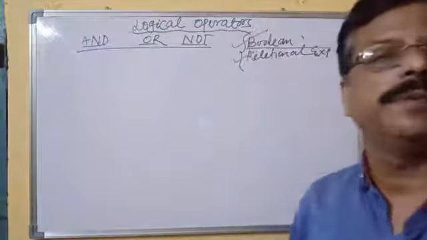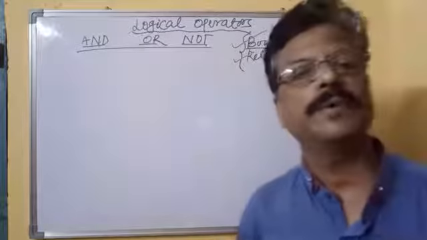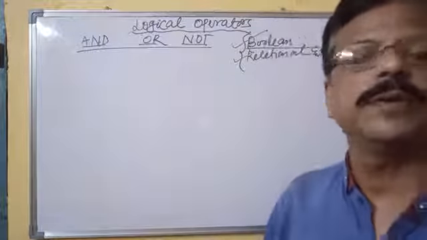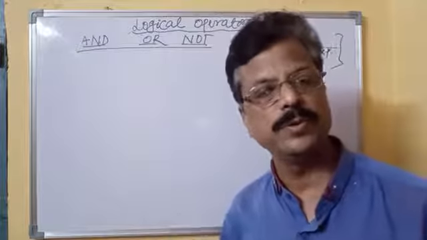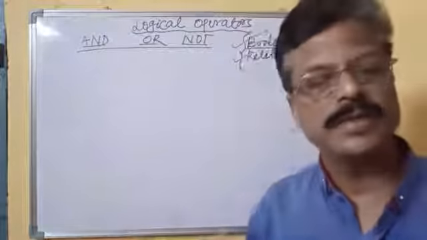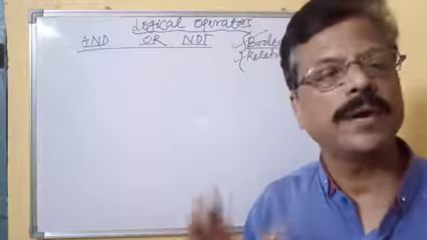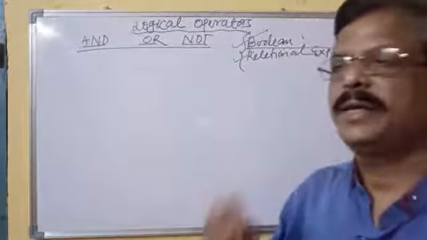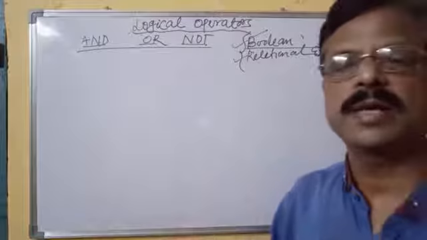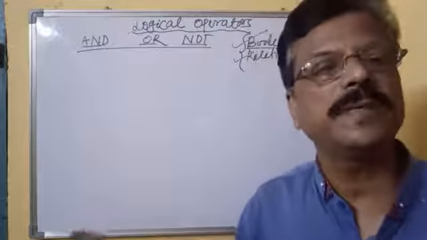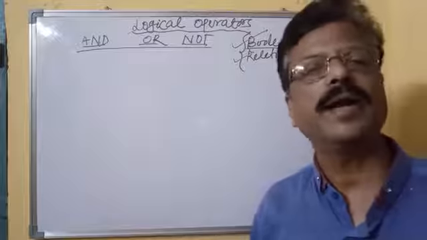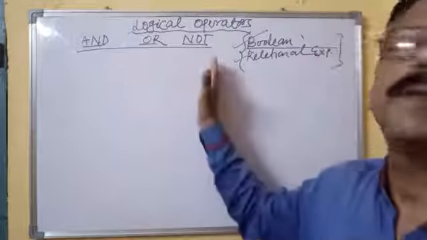Our program will be lengthy, cumbersome and difficult to understand. So if you use the logical operator, you can make it simple, your program will be short, and all the conditions can easily be expressed in one sentence or one statement. That is why we are using these logical operators.